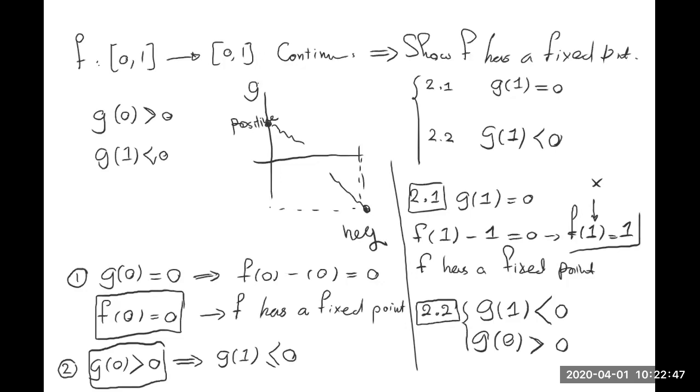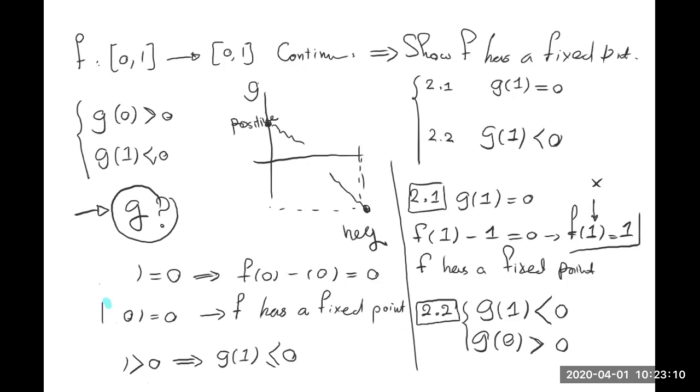So here we have a continuous function g, which at some point is positive and at some point is negative. What can I say about g? At some point, it's going to equal 0.